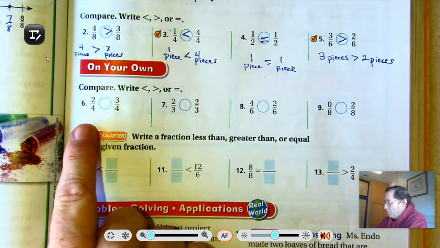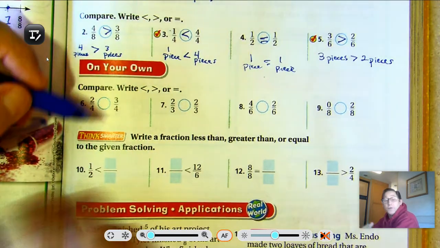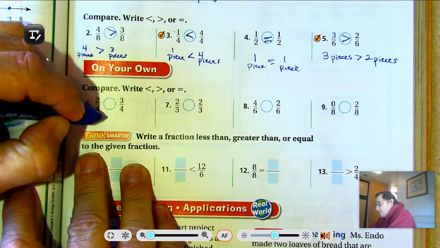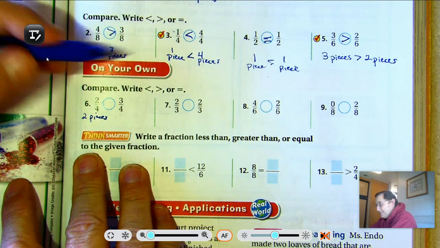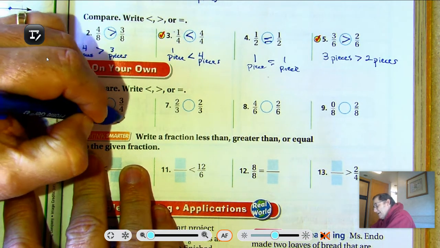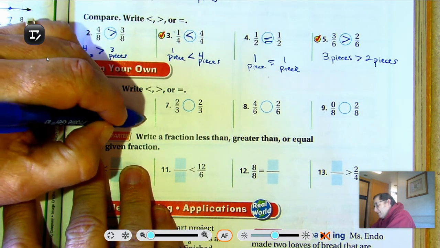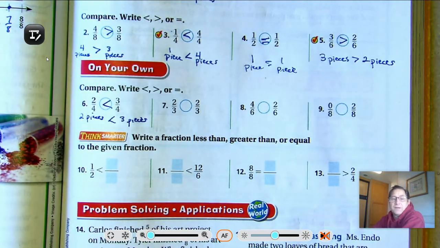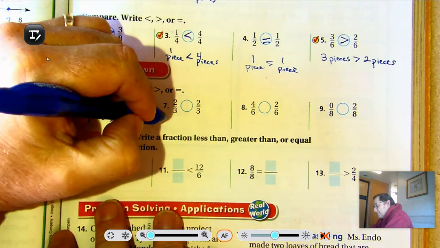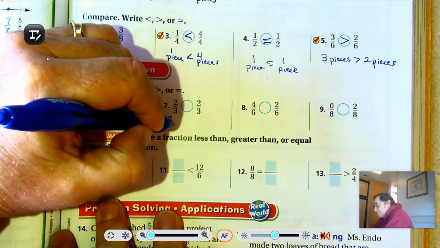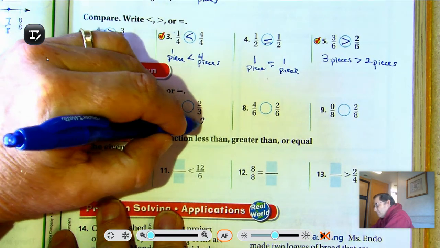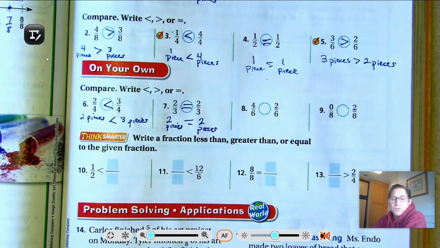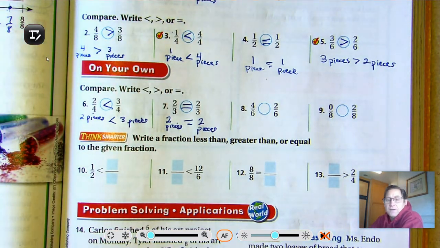All right, so both of our fractions have 4 equal parts. The first fraction has 2 pieces, which is less than 3 pieces. So 2/4 is less than 3/4. 2 pieces equals 2 pieces. So 2/3 is equal to 2/3.